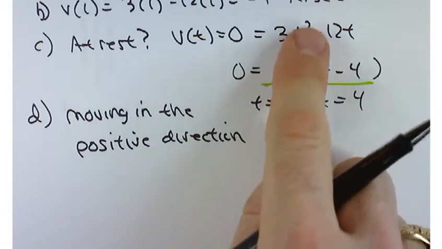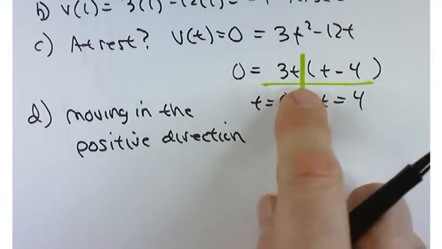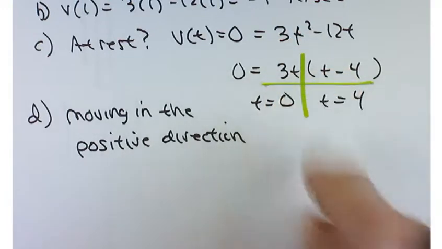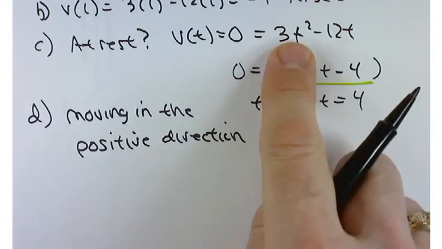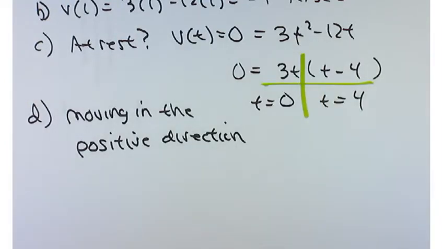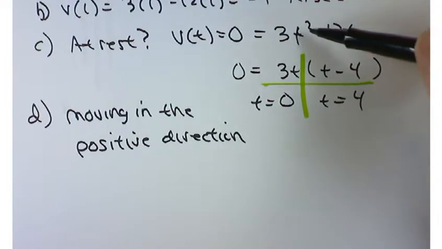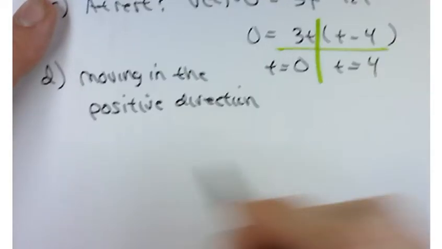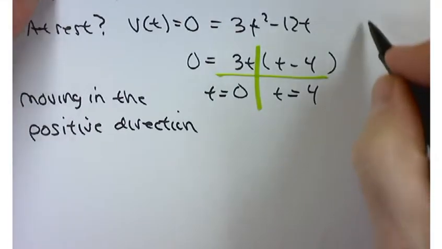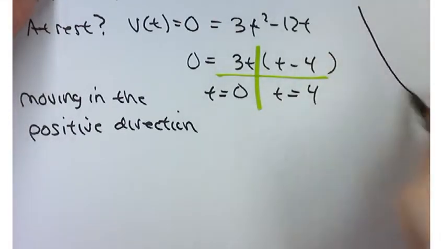So let's look at our velocity function. In fact, we've got it nicely, neatly factored here, so I know where the roots are. And the velocity function, if you were to graph this, is a nice parabola, right? We're going to see where it crosses the x-axis at 0 and 4. Now, I'm not going to draw necessarily a wonderful rendering of this, but it has to look something like this.